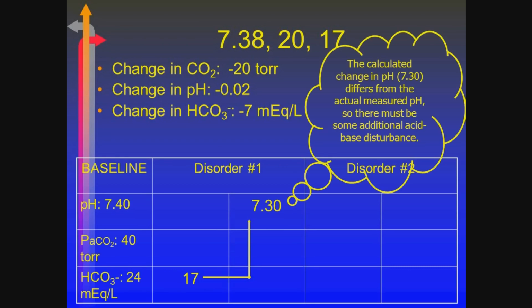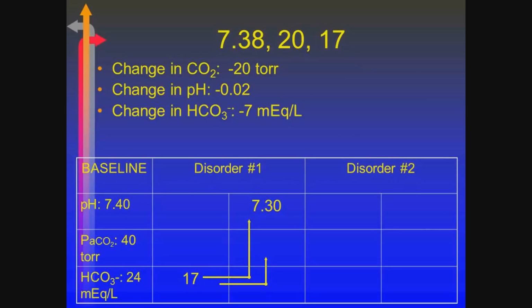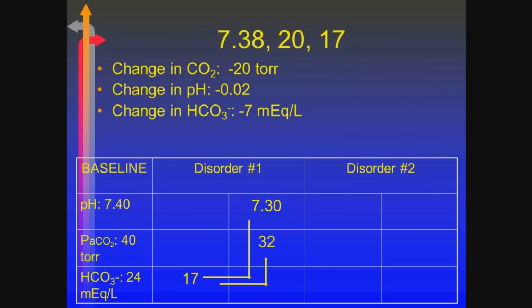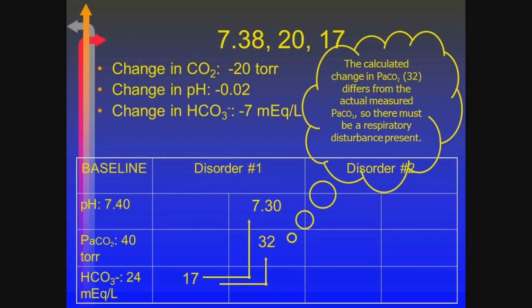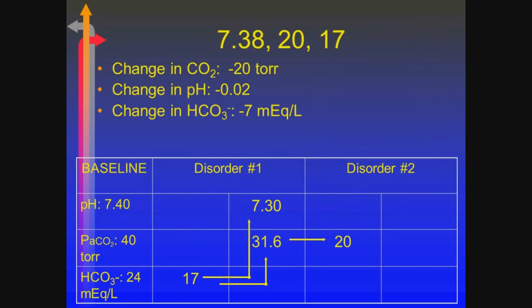So we also have to look at what change in CO2 that would have based upon that 7 milliequivalent drop in bicarbonate, and that should predict a PCO2 of 32, which doesn't match our other one. So is there something else going on from a respiratory standpoint superimposed on that metabolic acidosis?